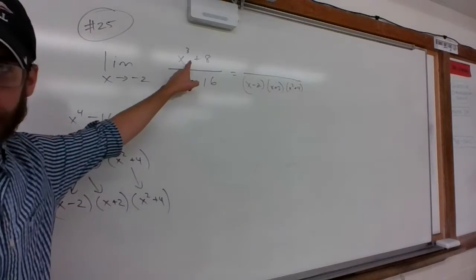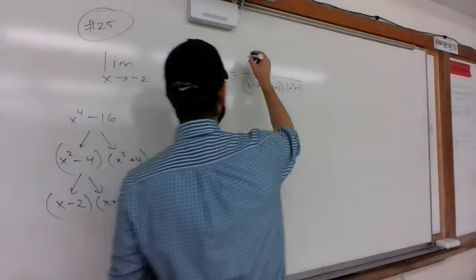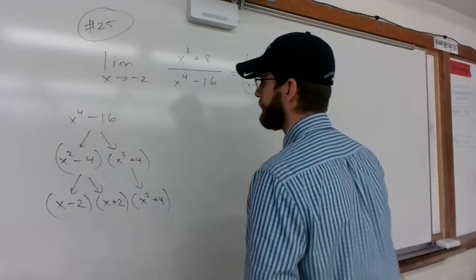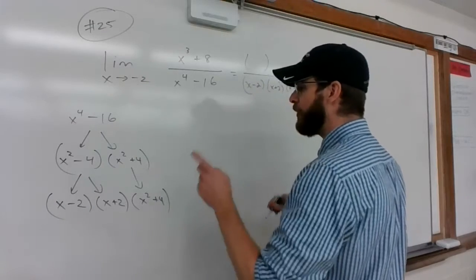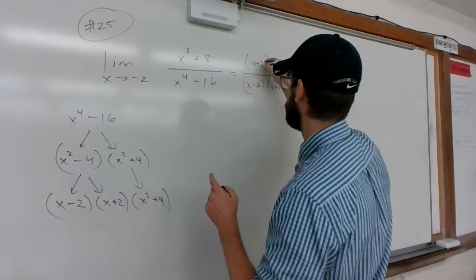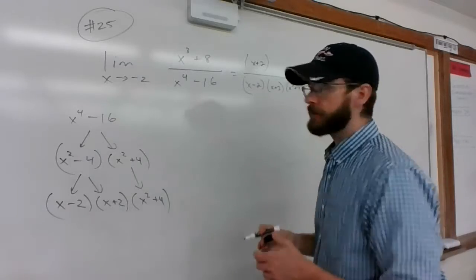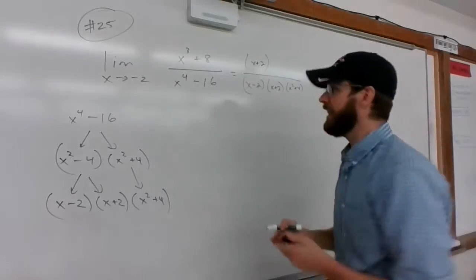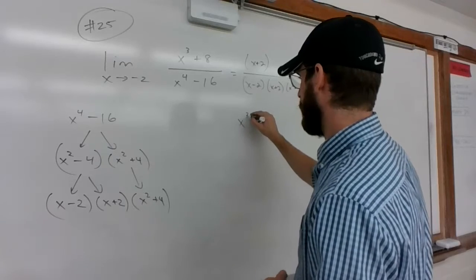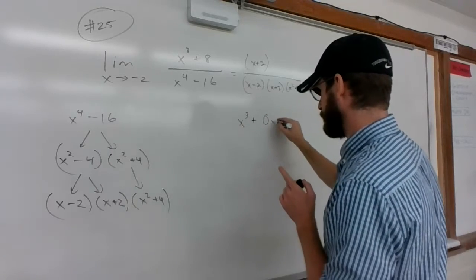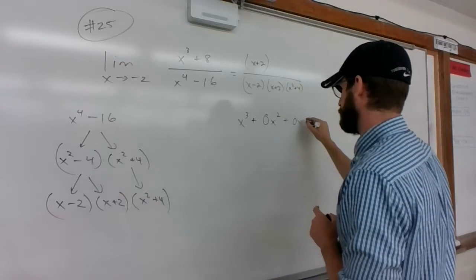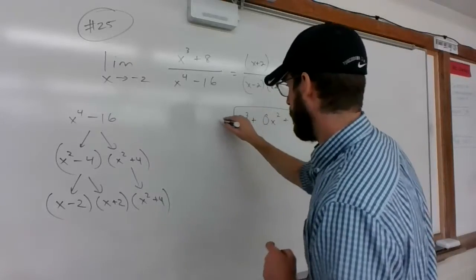Now the numerator has an interesting pattern of factoring. I know that x plus 2 is going to be a factor for x cubed plus 8. If I can't remember the formula, I just go to long division, which is x cubed plus 0x squared plus 0x plus 8, and just divide by that x plus 2.